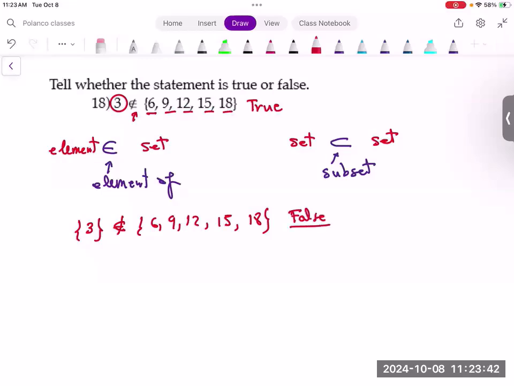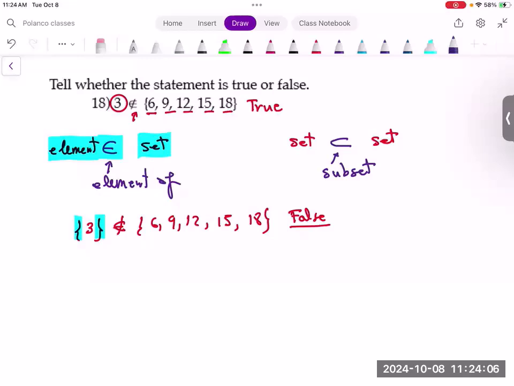Why? Do you remember the grammar that I was talking about? This symbol can be used only between an element and a set. Since I put these braces over here, it is not an element anymore. It became a set of one element. You got it? So I have set and set, so that is not correct.